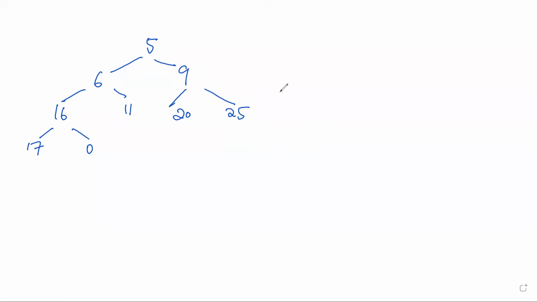For the array part, it looks like 5, 6, 9, 16, 11, 20, 25, 7 and 0. This is the array.